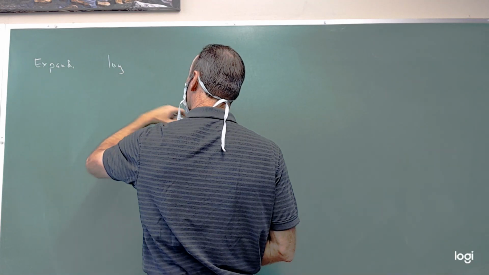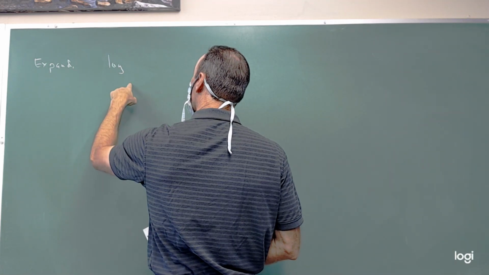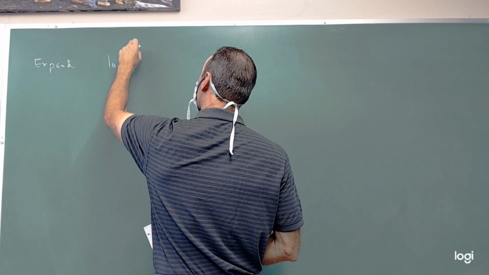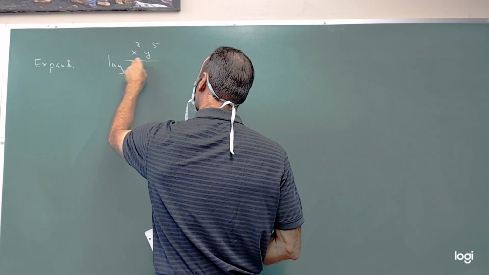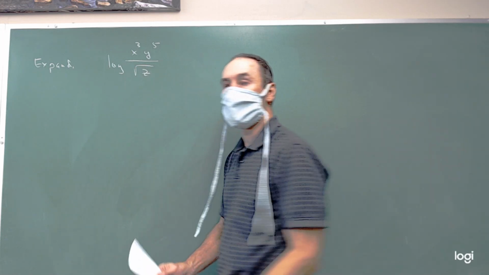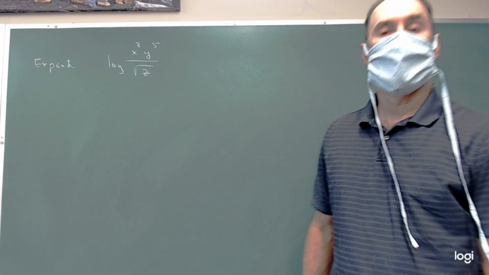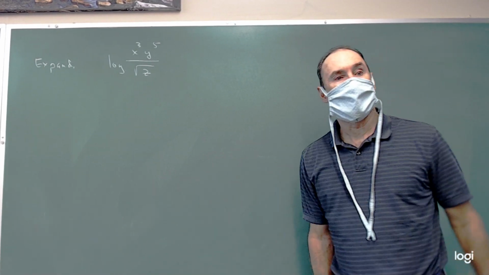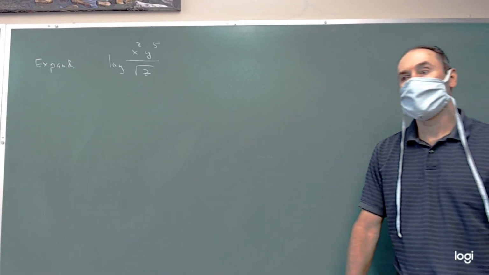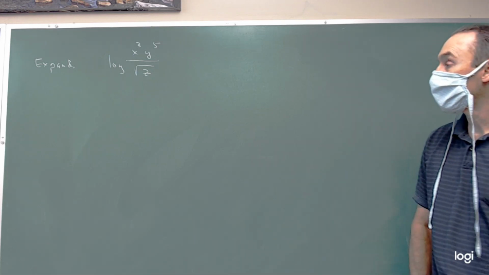I'll just make it a common logarithm so we don't have to write the base. And we'll say x to the third, y to the fifth over the square root of z. So this is a single logarithm, and we're going to break it apart. We're going to expand it and use all the properties of logarithms that we can bring to bear on this.